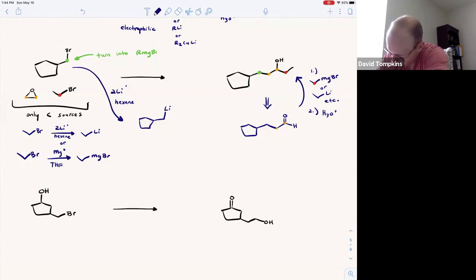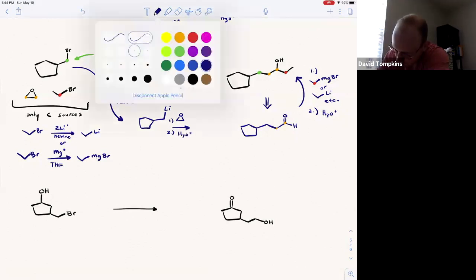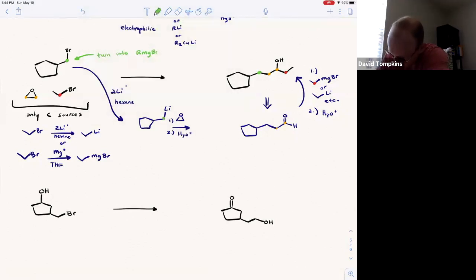the organolithium, which can then be treated with an epoxide, ethylene oxide, followed by an acid workup. Where this carbon is now nucleophilic, and it can attack either carbon of the epoxide, it is symmetrical, to give me a new alcohol product.